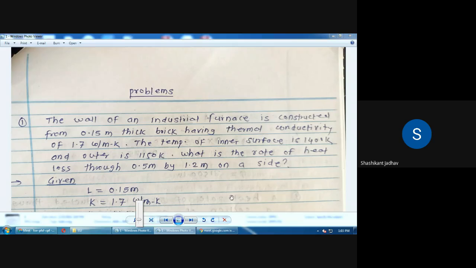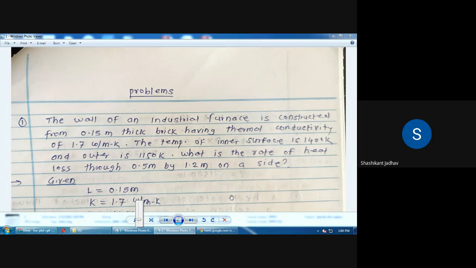The wall of an industrial furnace is constructed from 0.15 meter thick brick having thermal conductivity of 1.7 watt per meter Kelvin. That thickness is denoted by dx, or sometimes also by L. So write down dx or L is equal to 0.15 meter.